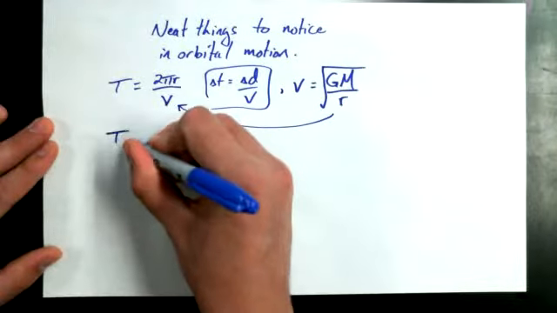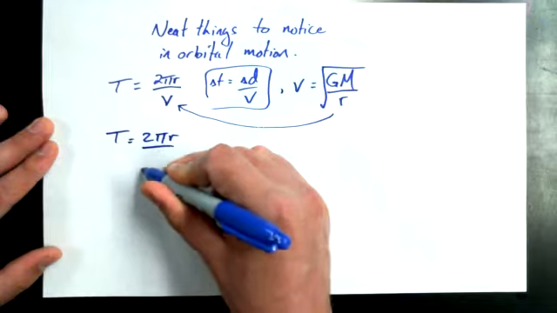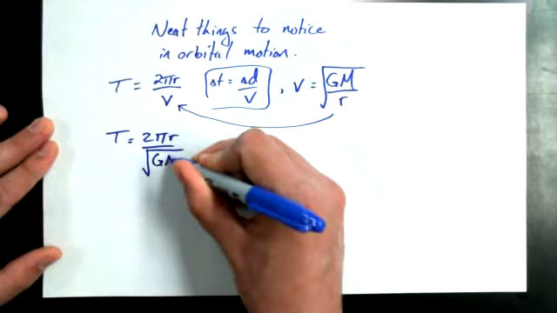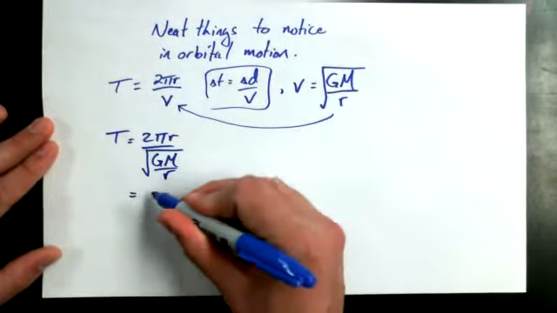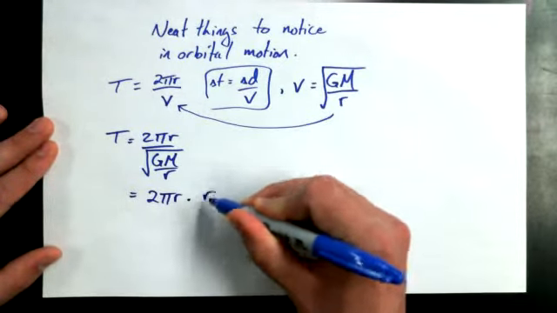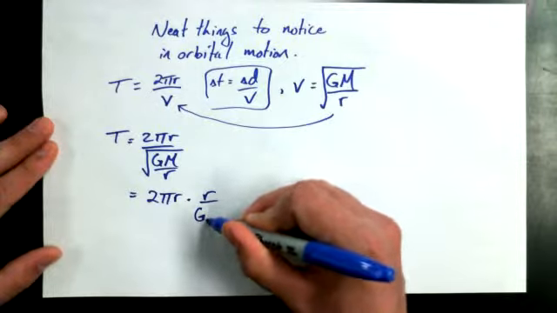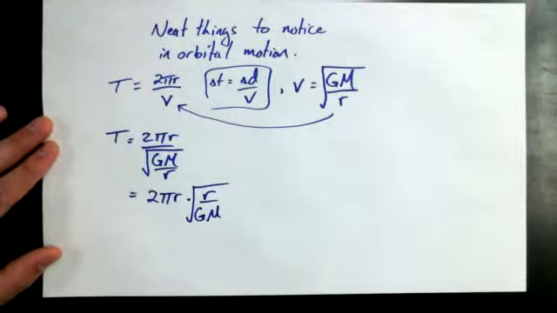So period is equal to 2 pi r over the square root of GM over r. Anytime you divide by a fraction, you're going to invert and multiply. So 2 pi r times the square root of r over GM. Invert and multiply the square root. And you can do that.